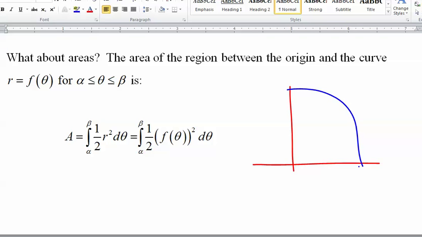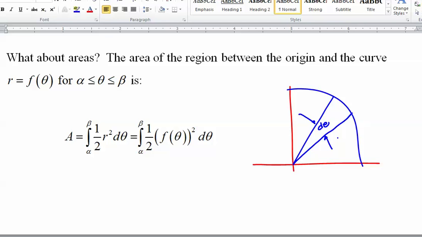In polar, rather than doing delta x, we're going to do a wedge. And that's going to be our d theta as it goes to 0, so on and so on.